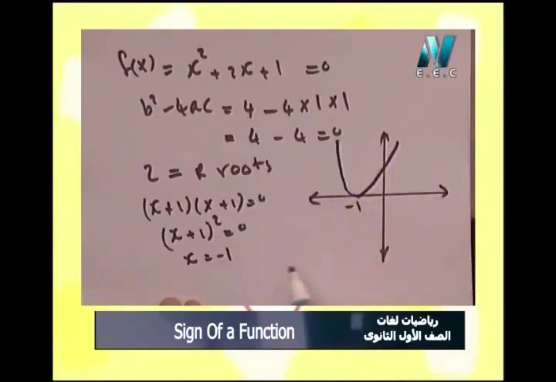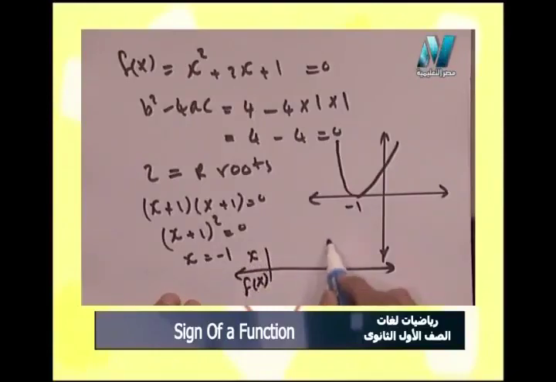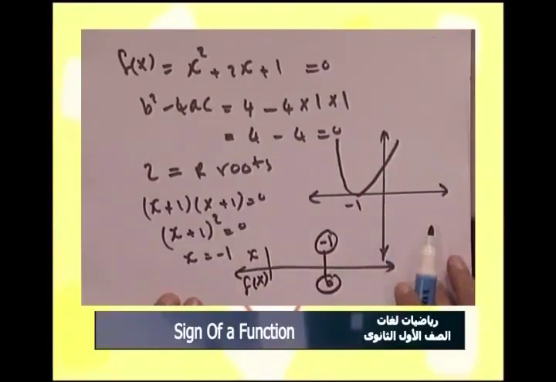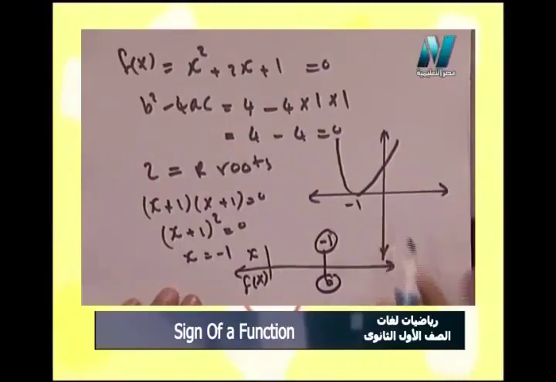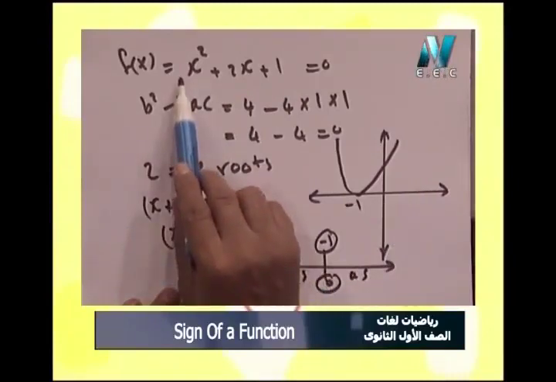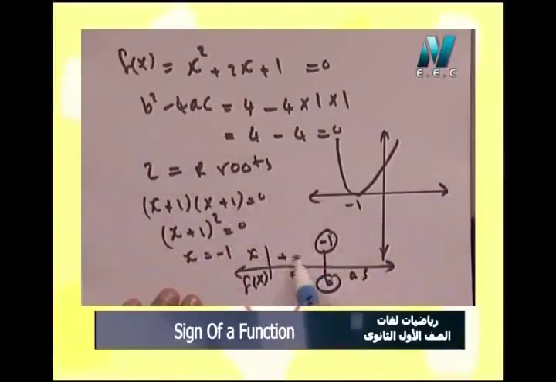So when we draw the number line like that, here x and here f(x), and we have only one root, which is −1. −1 here makes the function equal 0. So it will be as what? As the positive coefficient of x². It will be positive here and here.